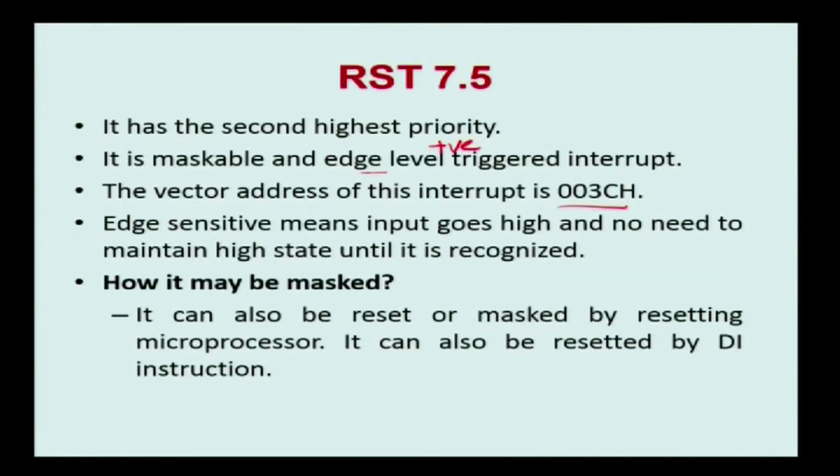Once it is identified, the processor temporarily suspends its work, then switches over to the specified address which is 003CH. So, how are we masking the RST 7.5? It can be masked by resetting the microprocessor or by using the DI instruction. So, the RST 7.5 interrupt can be masked by writing the DI instruction and also by resetting the microprocessor. What is the DI instruction? DI is disable interrupt. So, by instruction we can disable the interrupt.